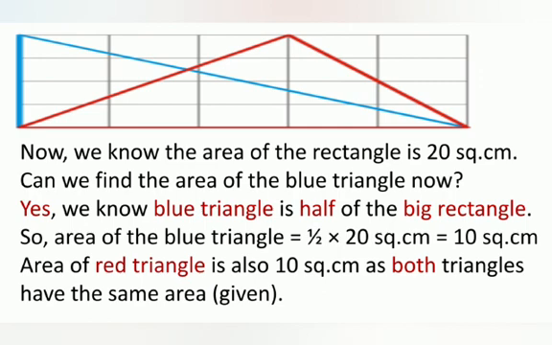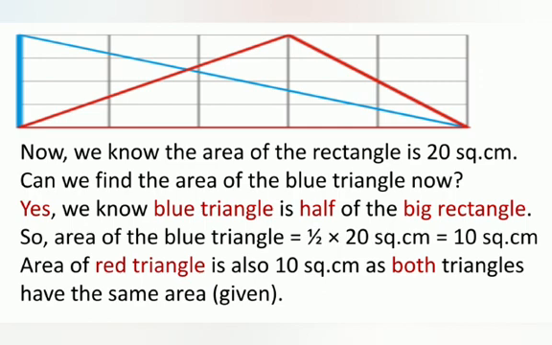Can we now find the area of the blue triangle? Yes. We know blue triangle is half of the big rectangle. So, the area of the blue triangle will be half of 20 square centimeter.